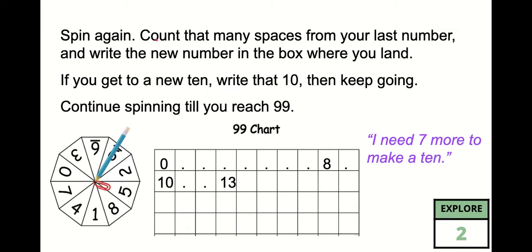You're going to spin again. Count that many spaces from your last number and write the new number in the box where you land. If you get to a new 10, write that 10, then keep going. Continue spinning till you reach 99. So we spun it and got 8, and then we counted to get to 10, and then we spun again.